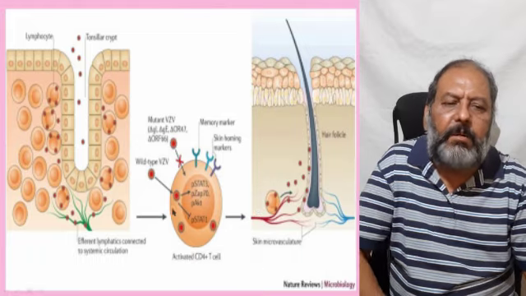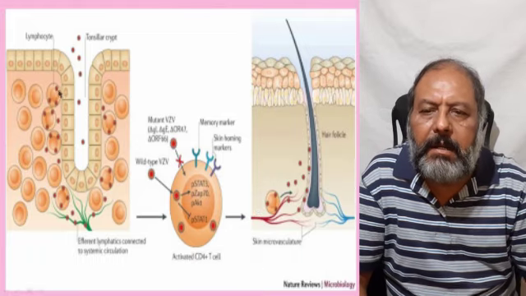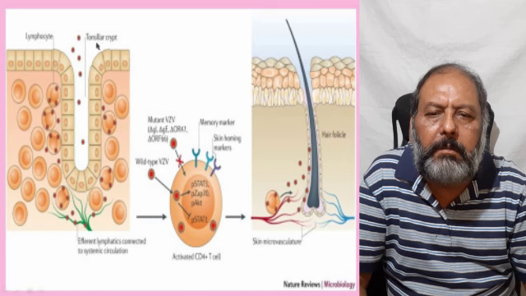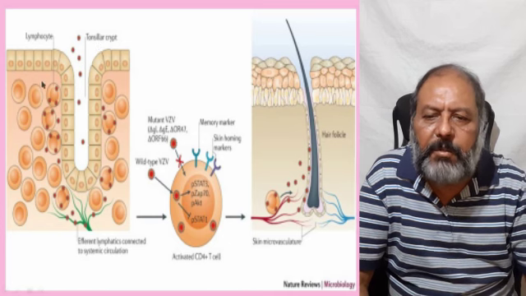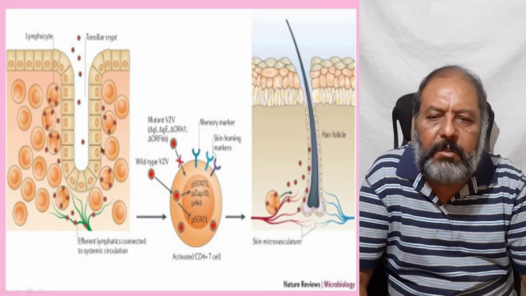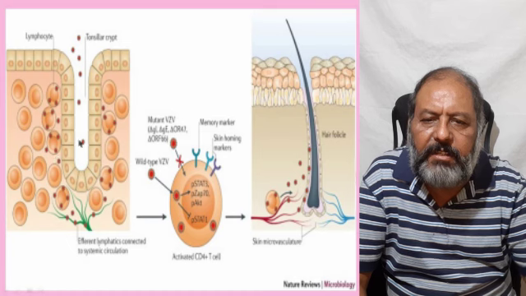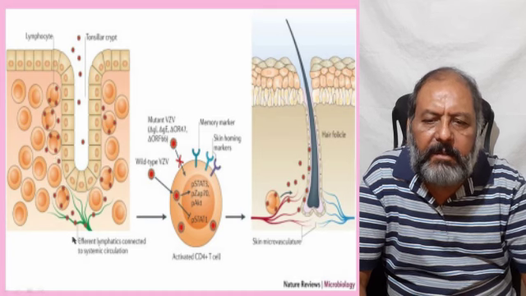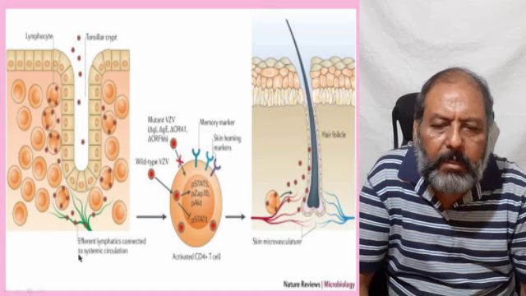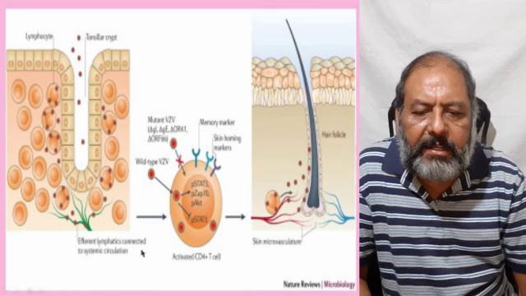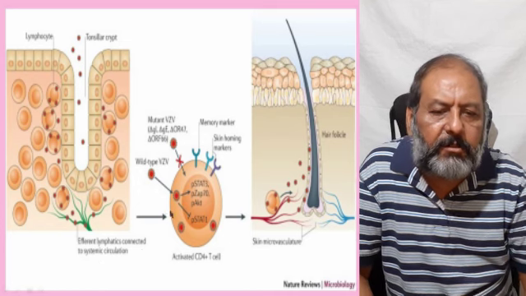Now, here one can see the tonsil crypt and the lymphocytes. These are going to carry these viruses from the tonsil, and then they go through the afferent lymphatics connected to the systemic circulation.